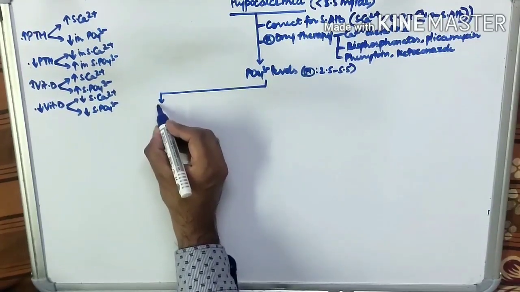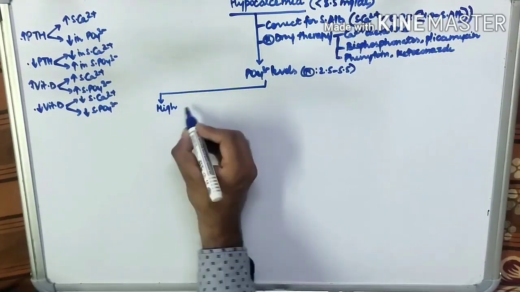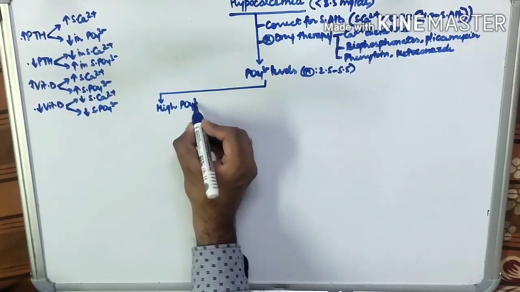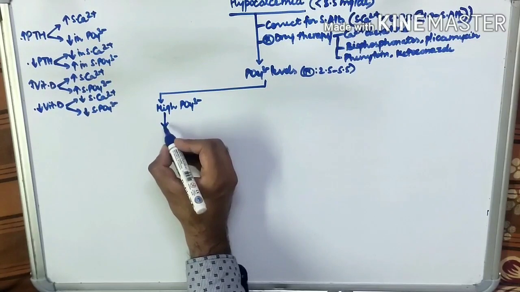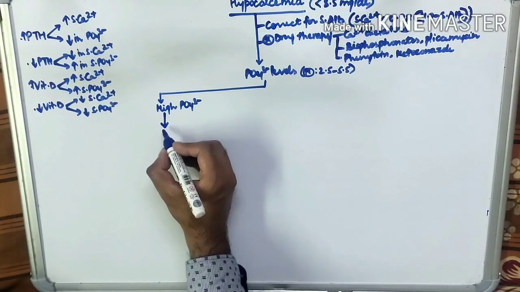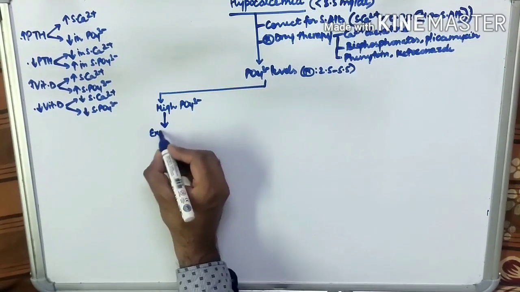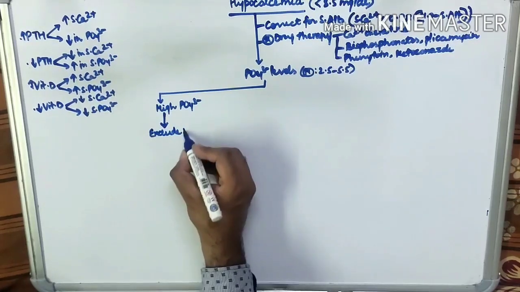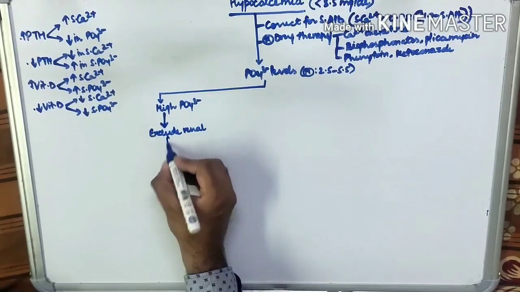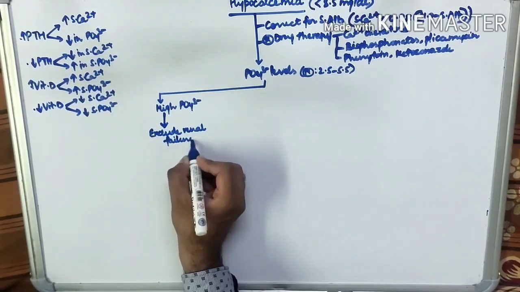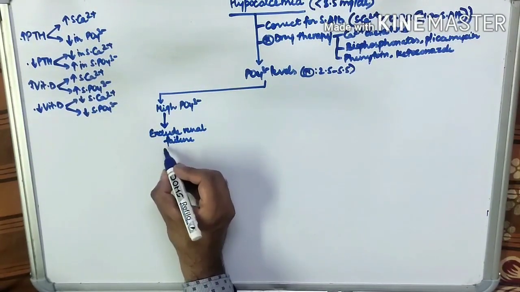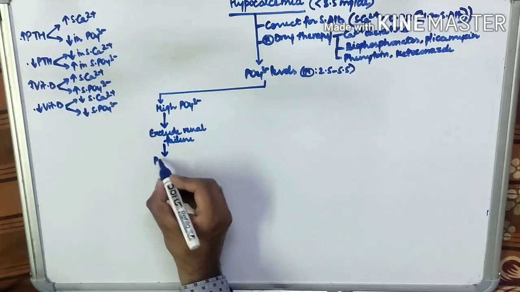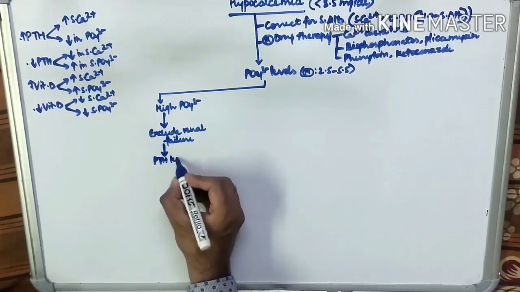If it is high, in the setting of hypocalcemia, if serum phosphate levels are high, the most important cause is renal failure. So exclude renal failure, AKI or CKD, and then assess PTH levels.